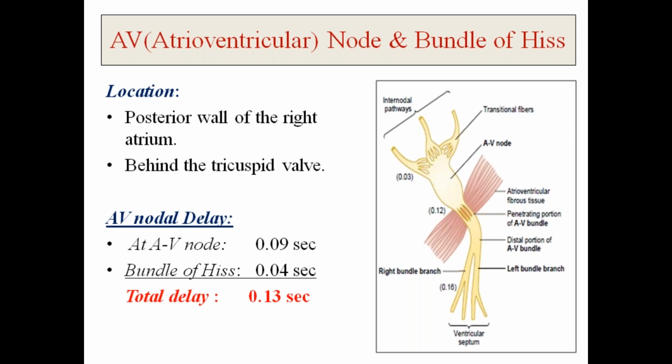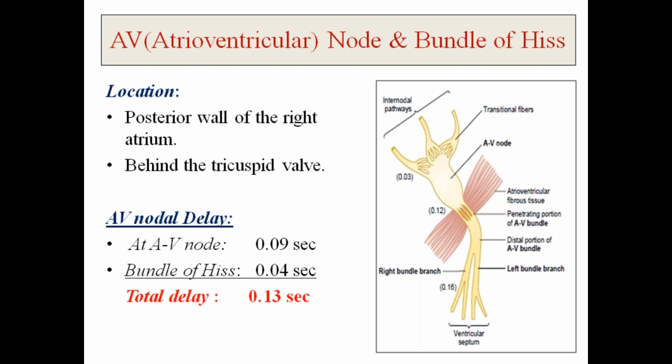Now, one concept we have to discuss is the AV nodal delay. When the impulses come to the AV node, it's not that they are rapidly transferred to the ventricles.